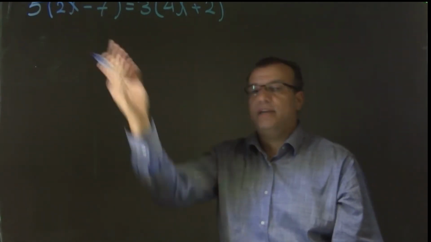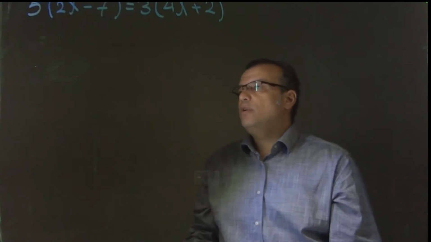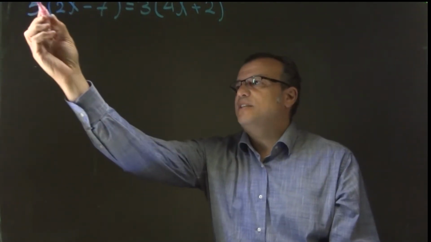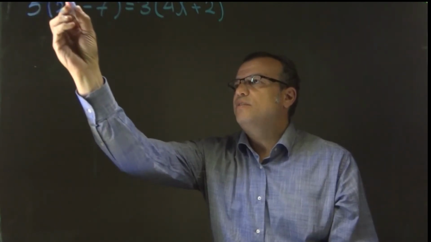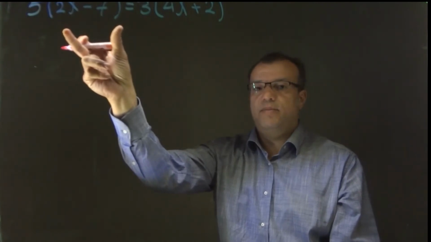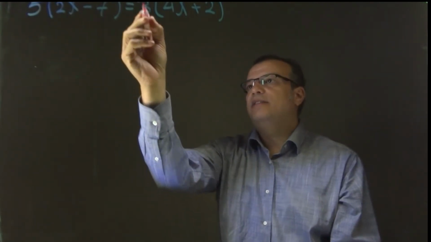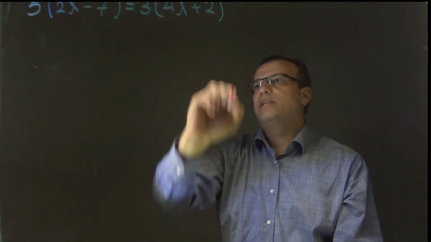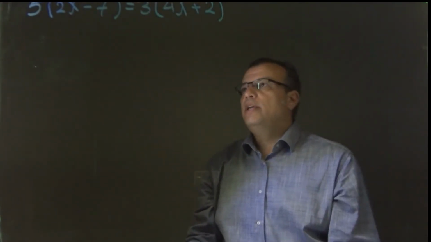We have brackets. To solve this equation, the first thing you need to do is expand the brackets. It means multiply 5 inside the bracket, and 3 multiply by 4x and 3 multiply by 2.